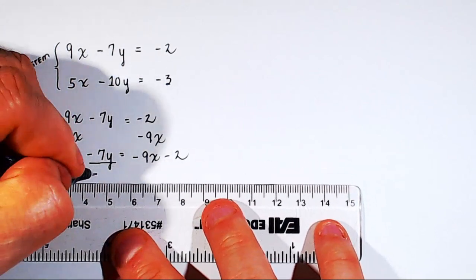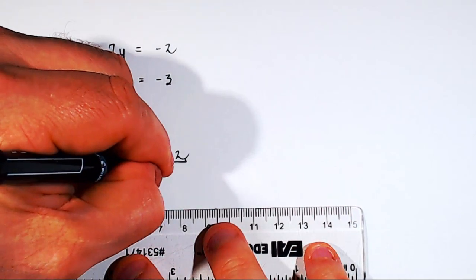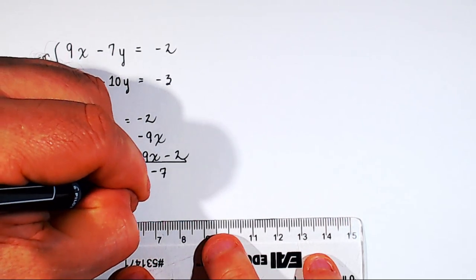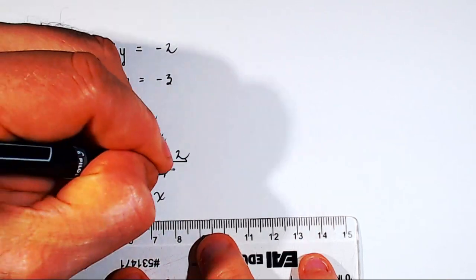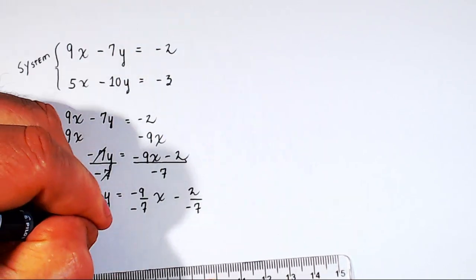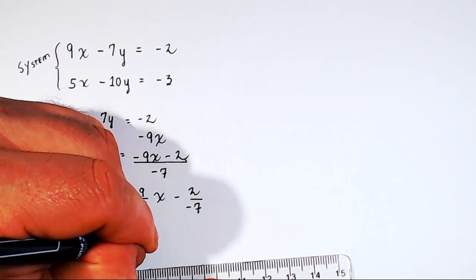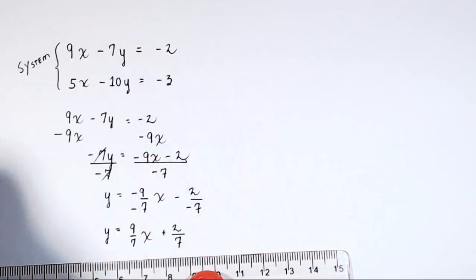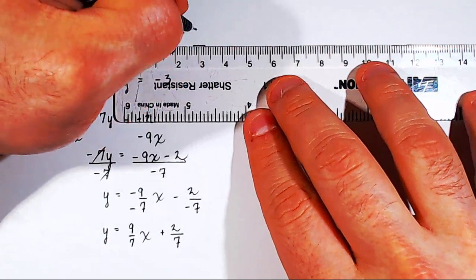Divide out the -7 on both sides, and I have y equals -9 over -7 x minus 2 over -7, which can be rewritten y equals 9/7 x plus 2/7. Okay, that's our first equation rewritten.